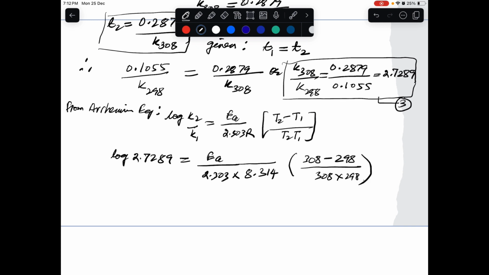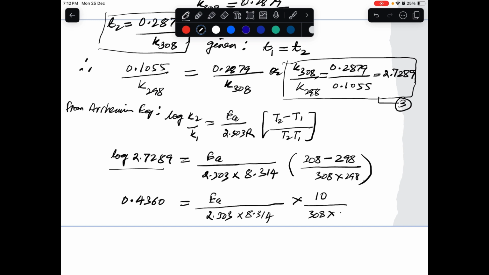Okay, so the log of this value we will find from the log table, and the value will be 0.4360, equal to EA divided by 2.303 into 8.314. And here we are getting the difference as 10, divided by 308 into 298.